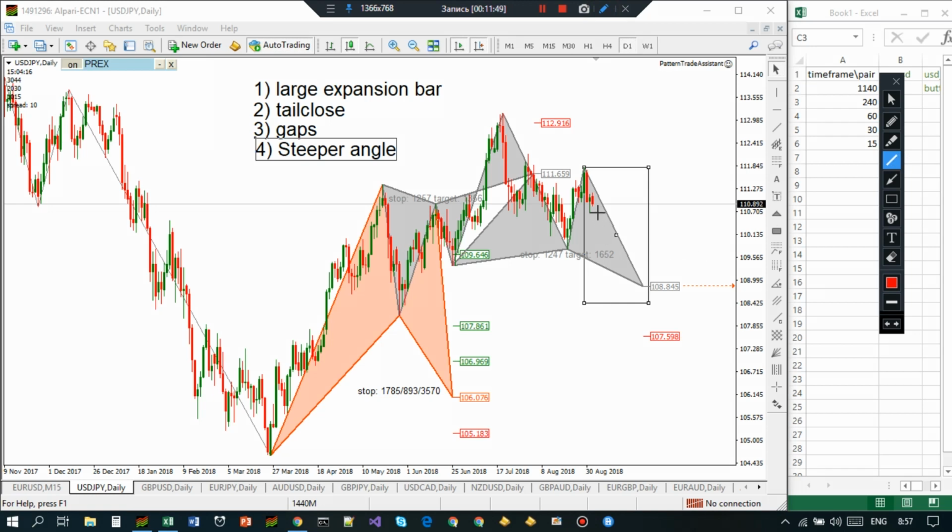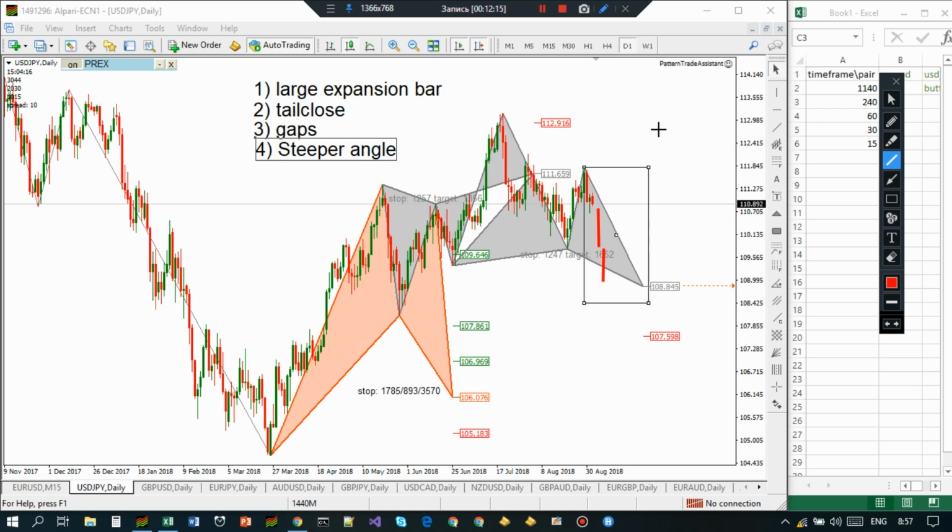This one would be considered a steeper angle. You see the completion, so you should delete your limit orders and wait for a confirmation. You see gaps, you see steeper angle, you see tail close, and you see large expansion bars. Delete your limit orders, wait for confirmation, or maybe sometimes skip these trading opportunities.